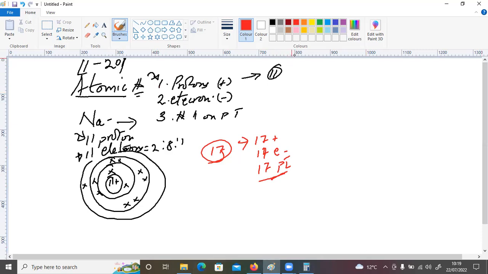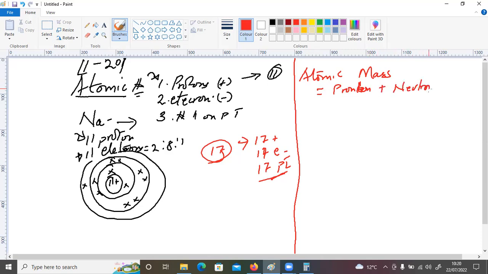Now, the next thing which we should be aware of is something called the atomic mass. The atomic mass of an atom will be equal to the number of protons plus the number of neutrons. Neutrons carry no charge, and they also stay in the nucleus.